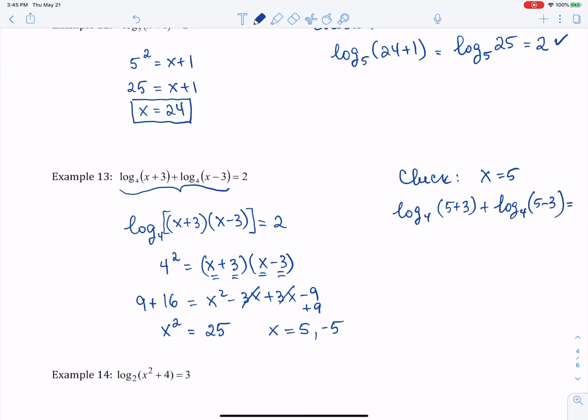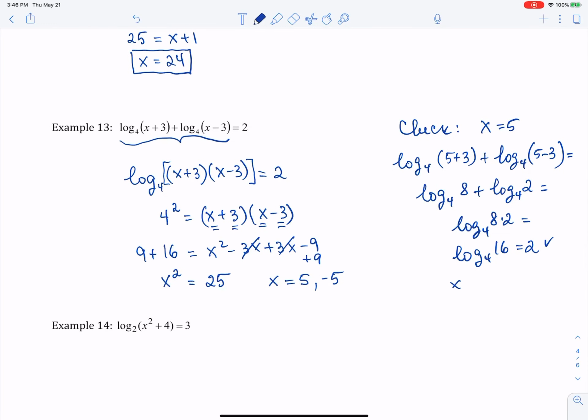Well, this is logarithm base 4 of 8 plus logarithm base 4 of 2. Use the product property: logarithm base 4 of 8 times 2, which is 16, and of course 4 squared is 16, so it checks.